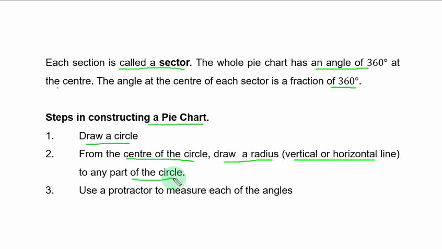So it can be vertical or horizontal, provided that it must start from the center of the circle to any other part. Step 3, use a protractor to measure each of the angles.